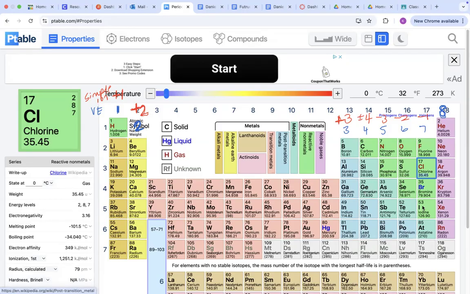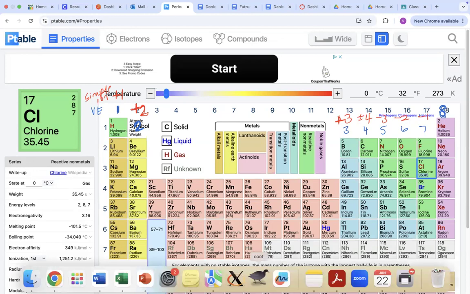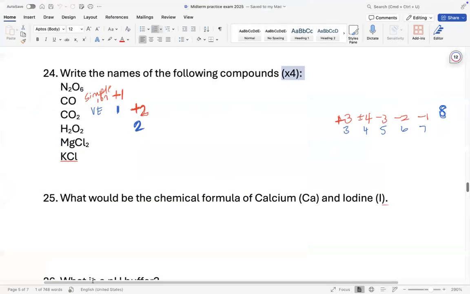And iodine here is going to be -1. Okay. So when I take this back to my sheet, okay, so +2 and -1. All right, so this is the thing where you swap the charges, okay?